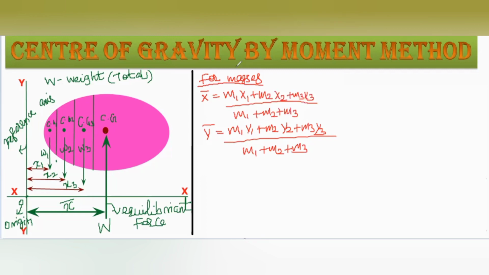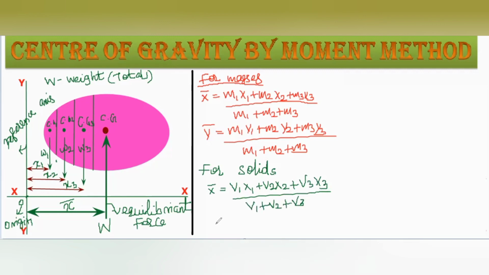Same for volumes or for solids. So for solids, we can write x bar equals, instead of the masses, here volume, v1 x1 plus v2 x2 plus v3 x3 divided by v1 plus v2 plus v3.